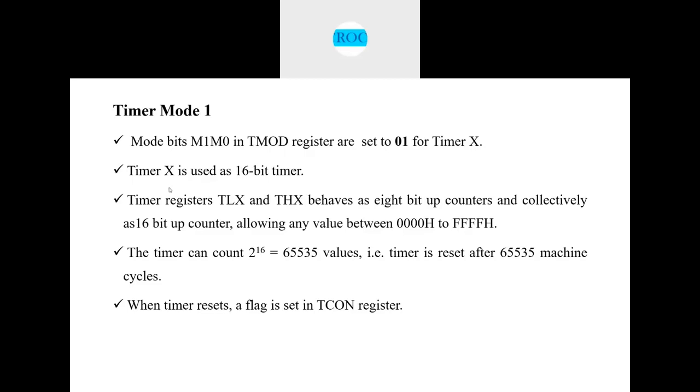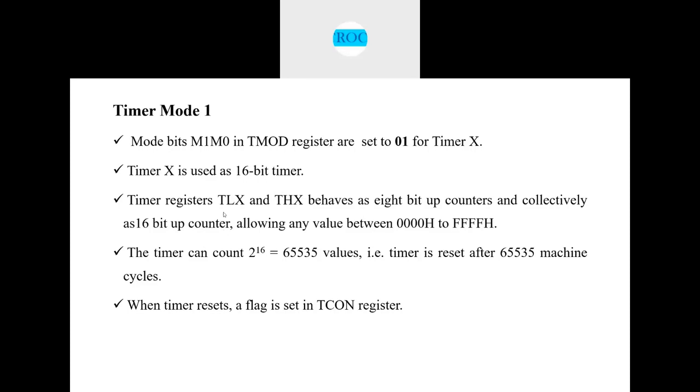As I said, here timer 0 or timer 1 is used as a 16-bit timer. All the 16 bits are used to count the number of clock cycles, the number of machine cycles. Timer registers TLX and THX behave as 8-bit up counters and collectively as a 16-bit up counter.